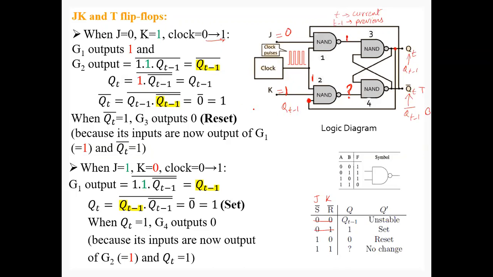So what is the output of the NAND gate? The output is 1, 1, and QT minus 1, whole bar. That's the output. This output here is this output.